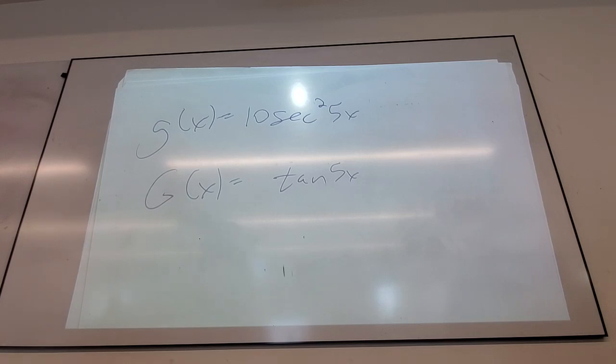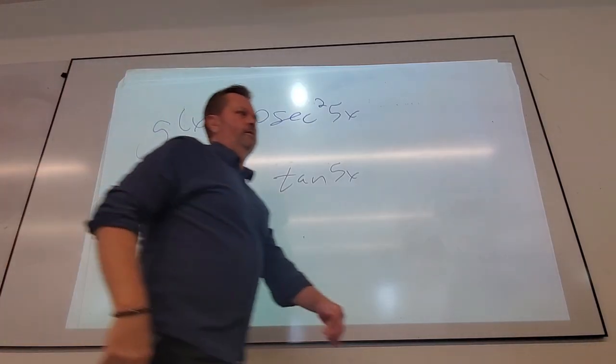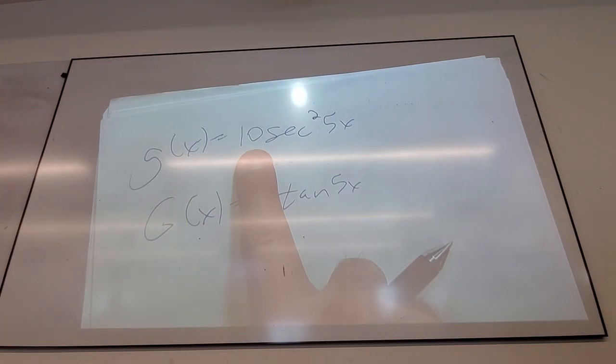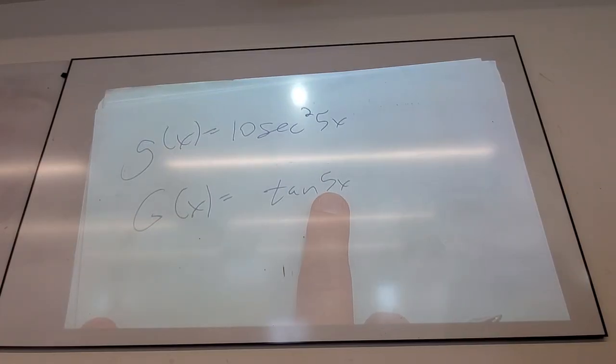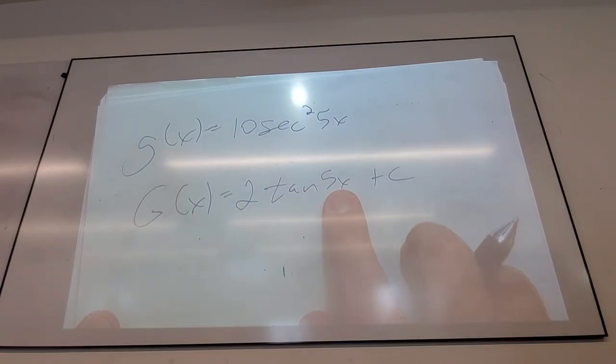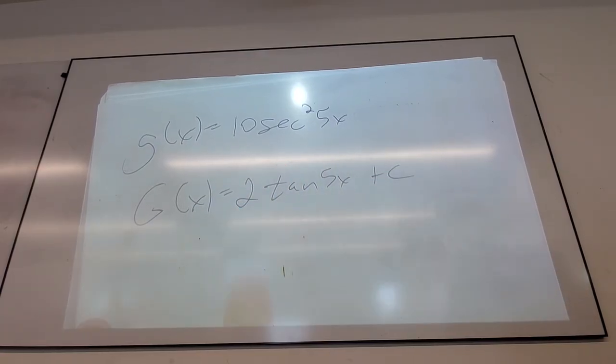By the way, I'm not done, am I? That's not right yet. So there's a 10 here. If I take this derivative, what's going to happen? I'm going to get secant squared of stuff times 5, the derivative of stuff, correct? So there must have been a 2 out here, so that when I do this derivative, the 5 times 2 gives me 10.